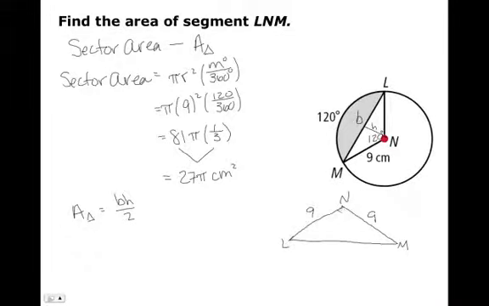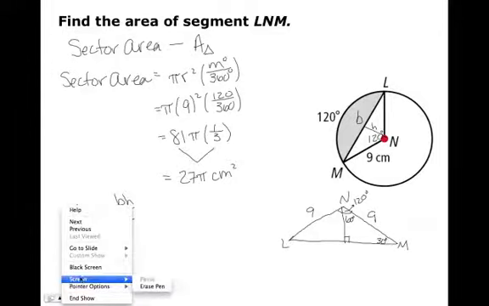I also know that this angle here is 120 degrees. So if I drop in my height, it bisects the angle so it's 60 and 60, which creates a special right triangle of 30, 60, 90.